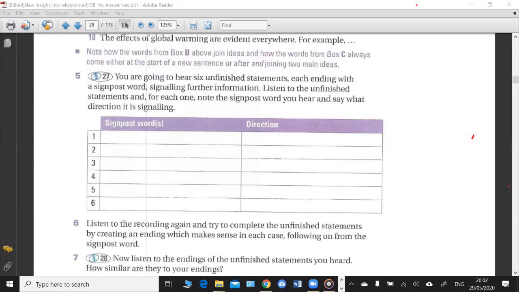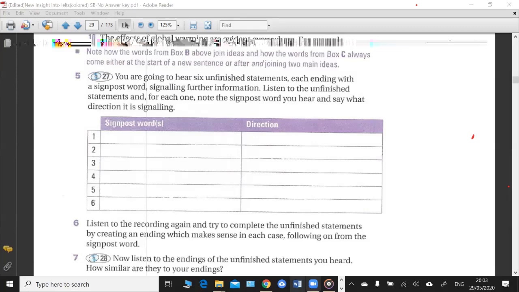For example, when I tell different steps, you will understand it's like first, second, third, finally. But when I say but, it means opposing ideas, something opposite. When I say for example, for instance, it means I want you to give me an example of that. So these are the signpost words, and the direction is what they tell you.